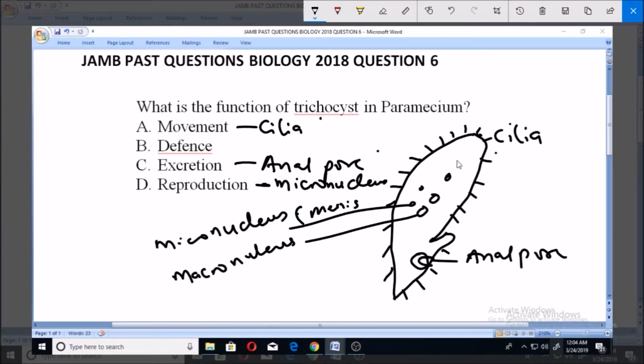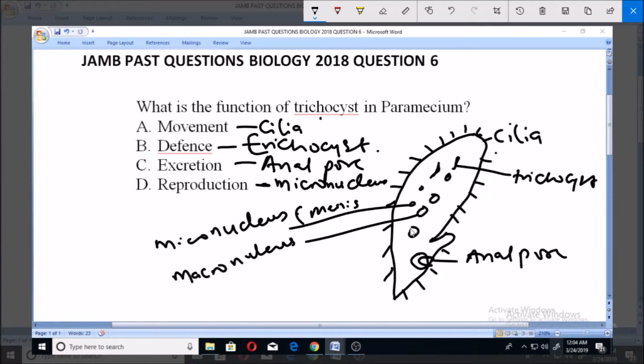We also have spindle-like bodies inside called trichocysts, and these trichocysts are actually spindle-like bodies filled with dense refractive fluid containing swelling substances, and they are actually used for defense. The trichocysts are used for defense. So those are the parts of the paramecium.